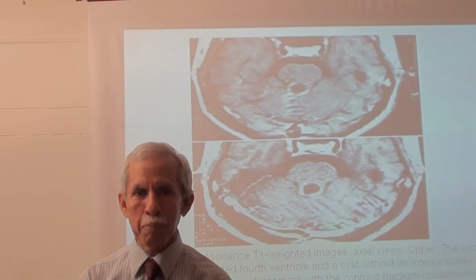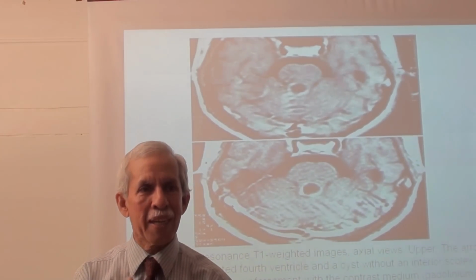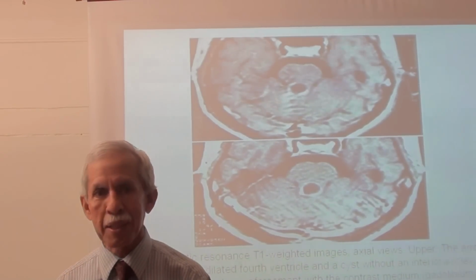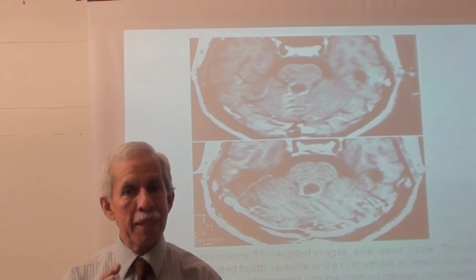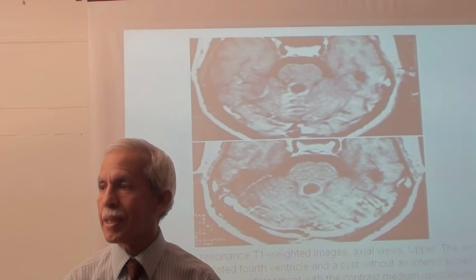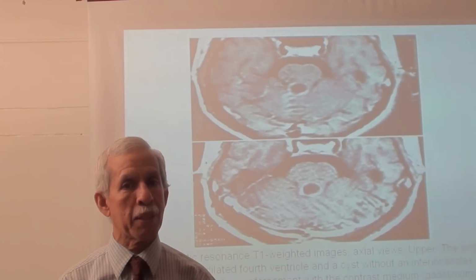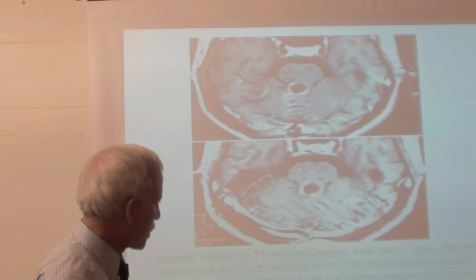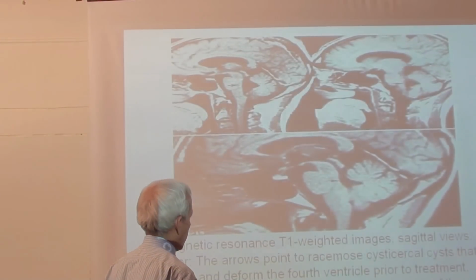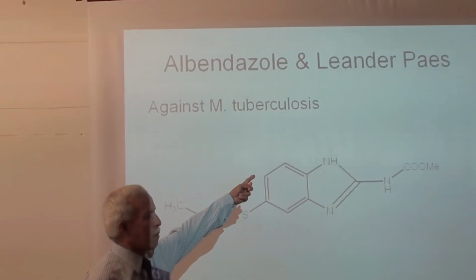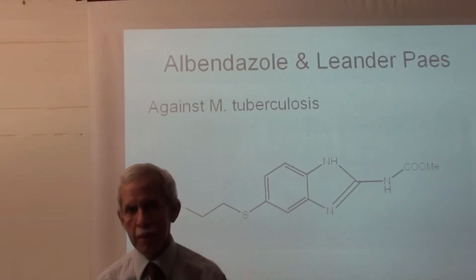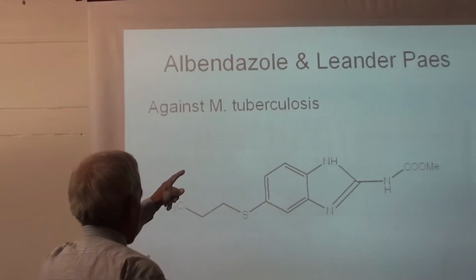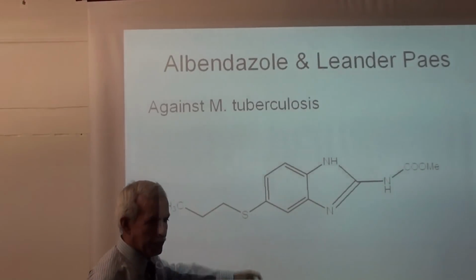And it's because of the parasite, they are live organisms, that the cyst develops. Fortunately, in Leander Paes's case, it was not a tumor. It was treated. Can we go to the next slide and see? This is the molecule which was used in the case of Leander Paes. The name of the molecule is albendazole.